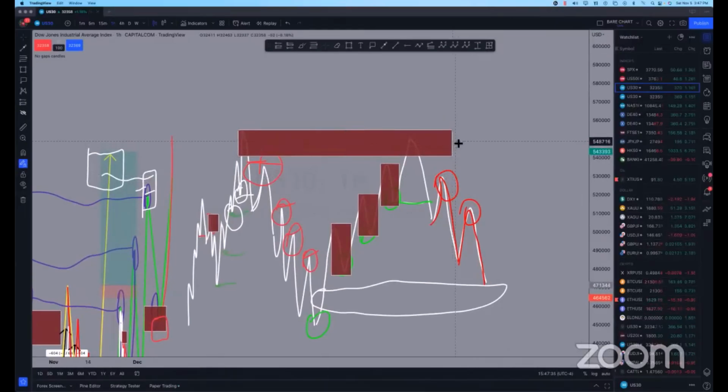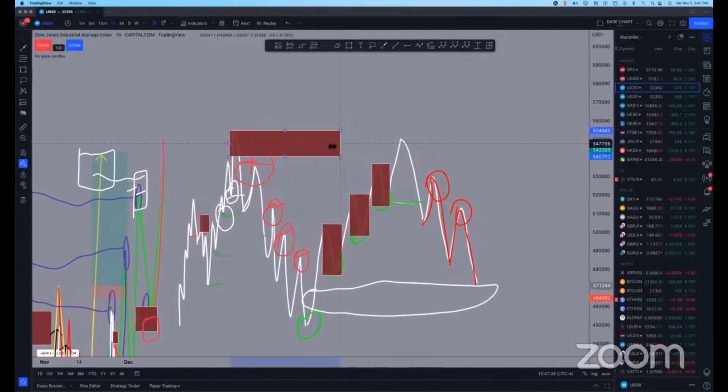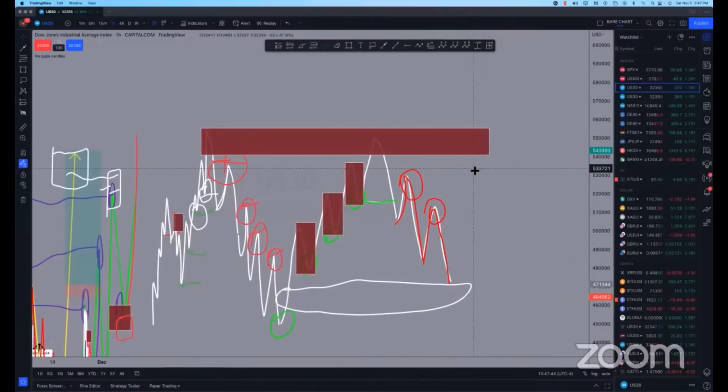The 4 to 6 is forming around the area that it's getting ready to reject from and begin the 4 to 6 combo slice again.